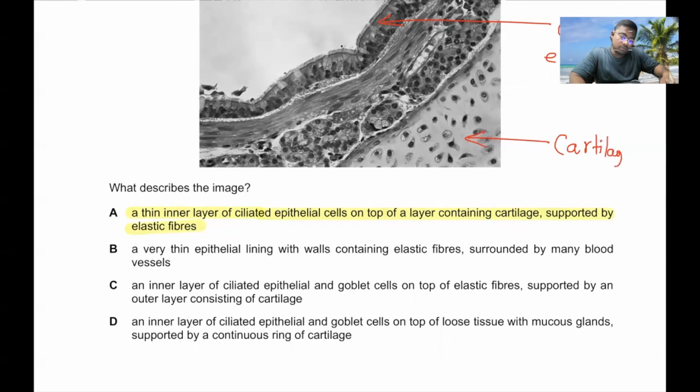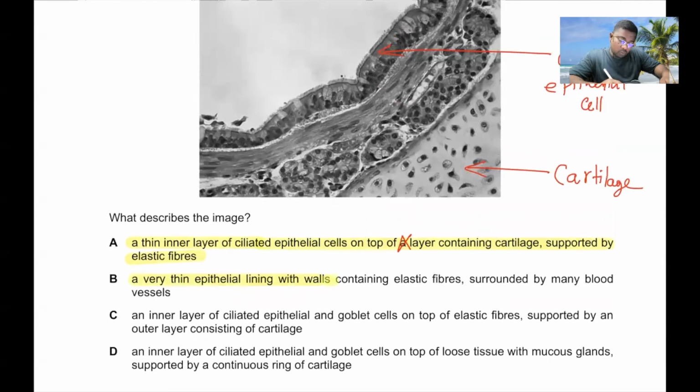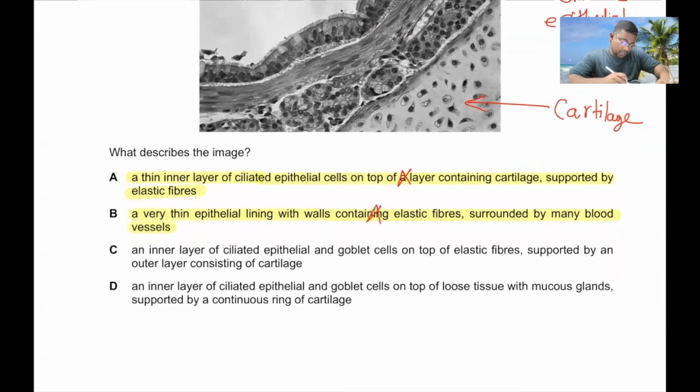So this is wrong. A very thin epithelial lining with walls containing elastic fibers, surrounded by many blood vessels. We don't see a lot of blood vessels. An inner layer of ciliated epithelial and goblet cells on top of elastic fibers, supported by an outer layer consisting of cartilage.